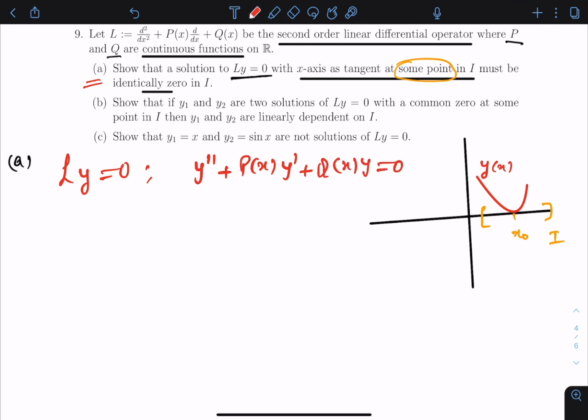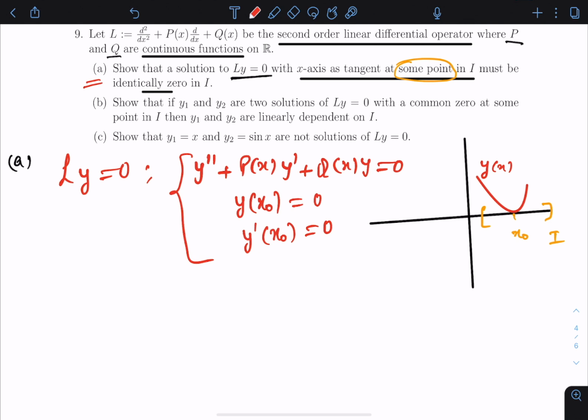And what you know is that at x naught the value is 0 because it's touching the x-axis, and the derivative of y at x naught is the same as the slope at x naught, which is also 0. So y prime is 0. So the y that satisfies this property, with the x-axis as tangent at some point, should be a solution to this problem.